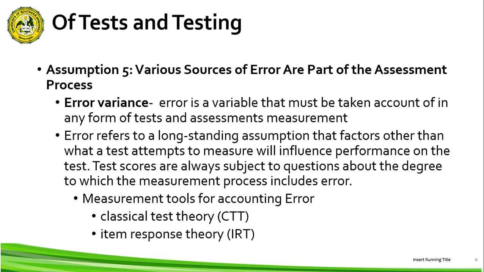Error refers to a long-standing assumption that factors other than what the test attempts to measure will influence performance on the test. Test scores are always subject to questions about the degree to which the measurement process includes error.